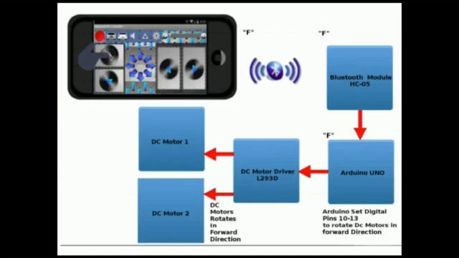In this case, Arduino will set digital pins 10 to 13 in such a way that the DC motors will rotate in the forward direction. The digital pins 10 to 13 of Arduino Uno are connected to the input pins of the DC motor driver, M1A, M1B, M2A, M2B respectively.